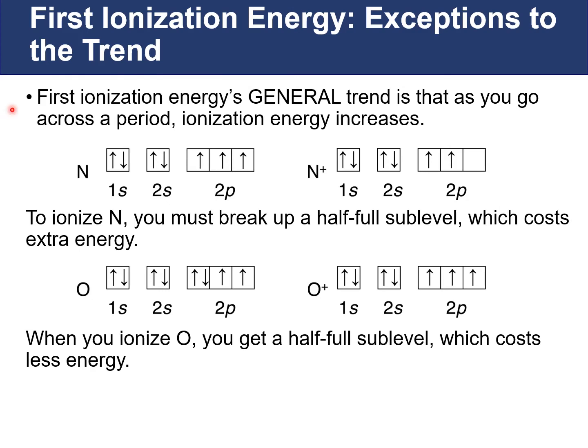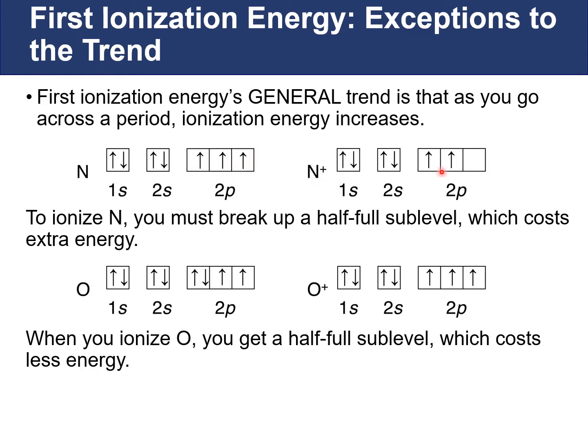Let's look at another one. Again, in general, your first ionization energy should increase as you go from left to right across a period. However, if we compare nitrogen to oxygen, the electron configuration for nitrogen, if we're looking at an orbital diagram, you'll notice that the nitrogen has a half-filled subshell for the p orbitals. To remove the first electron would be removing your electron here and giving you a nitrogen plus.